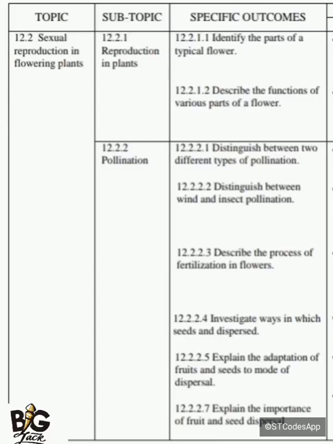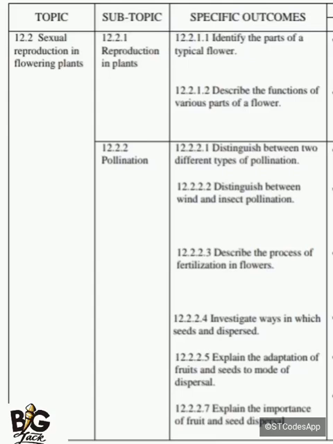As for the first one, it is coming from reproduction in plants. Then the next one, which is a distinction between two different types of pollination, is coming from pollination. In this part, you need to know the definition of pollination and also how to distinguish different types of pollination.